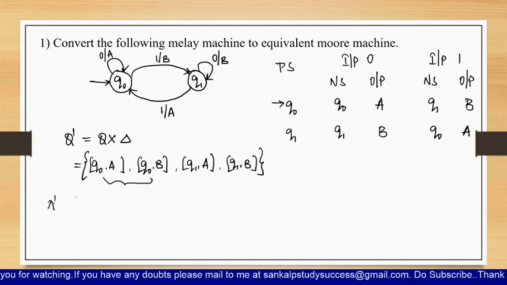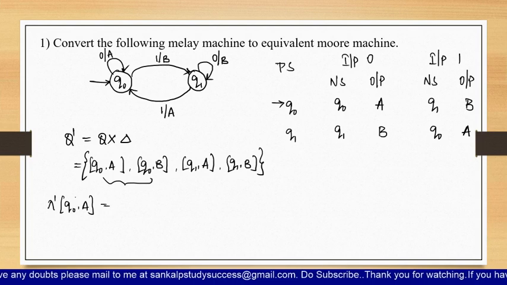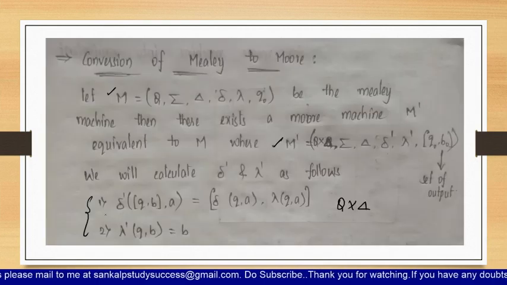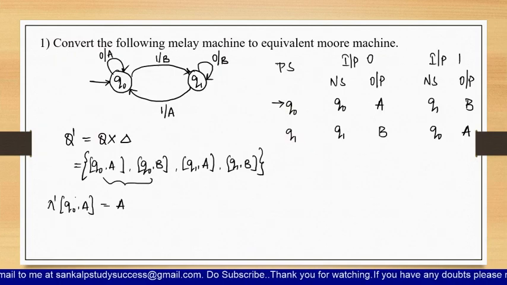These are the states present in the Moore machine, and for each and every state you find lambda dash and transition function dash. Lambda dash of Q0 comma A will become A. Why? Because from the above formula, lambda dash of Q comma B is nothing but B. In the same way, Q0 comma A is nothing but A.